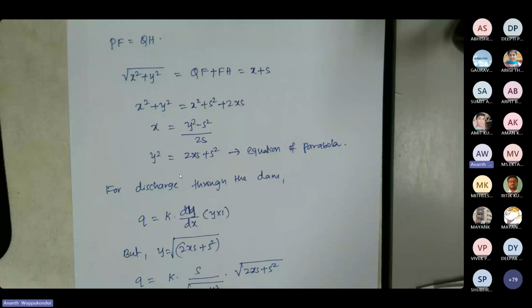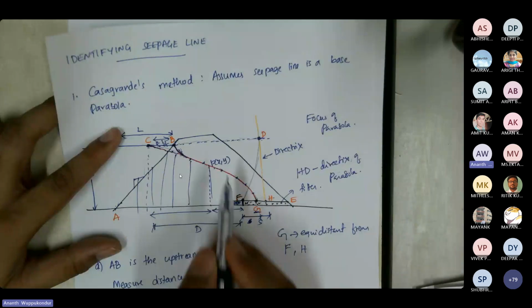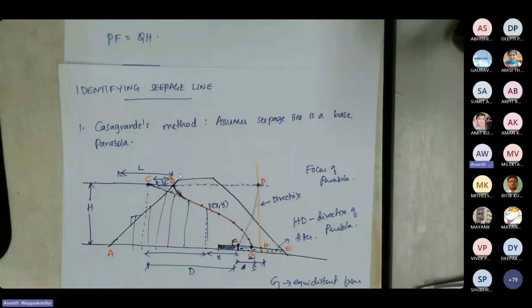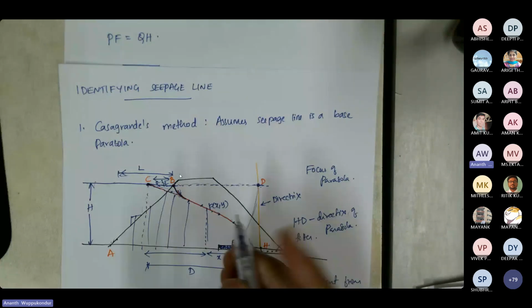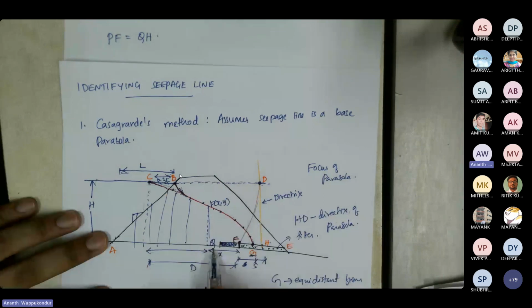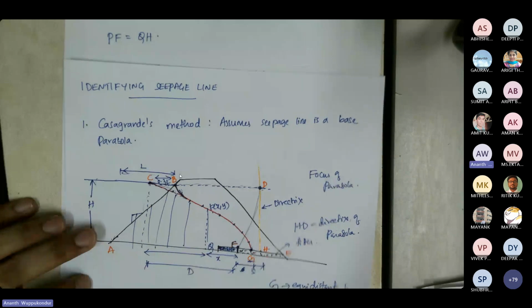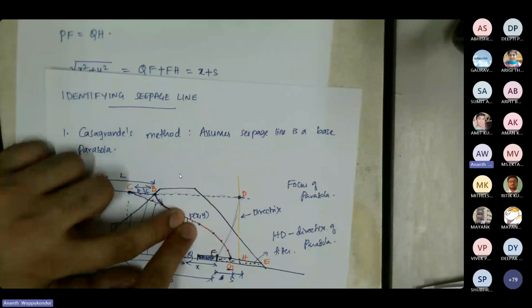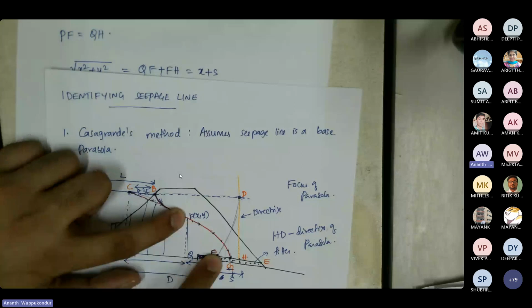So here is my point P on the parabola, and then we have F, G, H, and Q. So the point Q is down here. So we have points P, Q, F, G, H. Now PF, which is the distance between point P to the focus F, would equal QH.